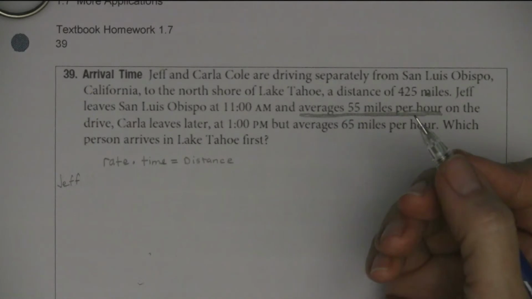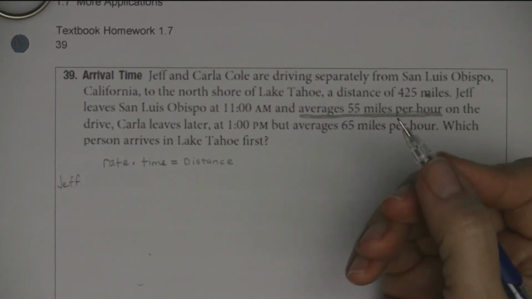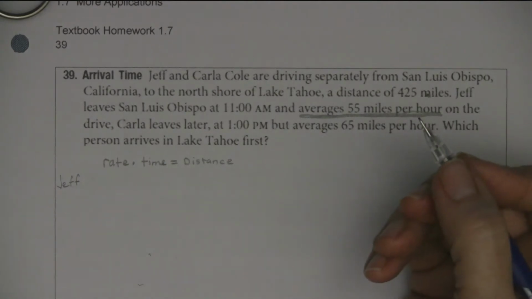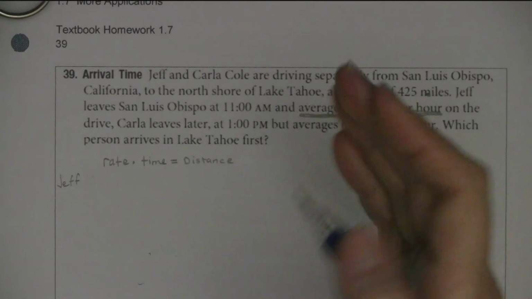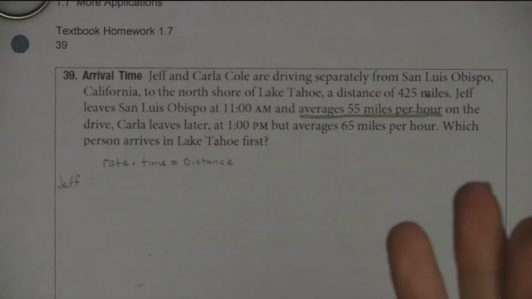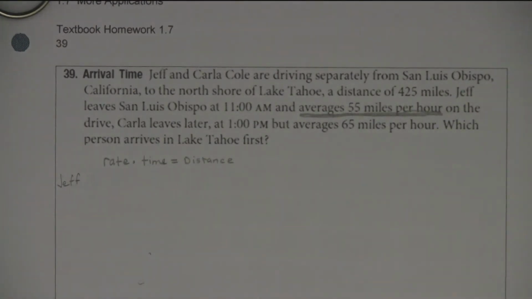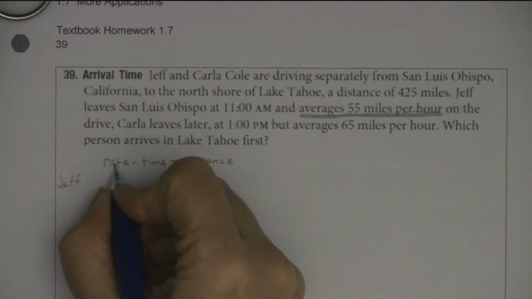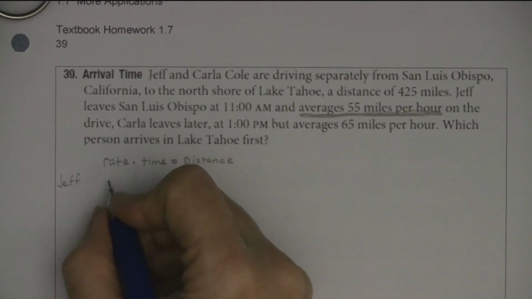There might be times he was going 65 miles an hour, and there might be times he was going 42 miles an hour, but in 1 hour, he went 55 miles. So however long that trip was for him, he went 425 miles, and that time would make this rate exactly 55. And so that's his average.